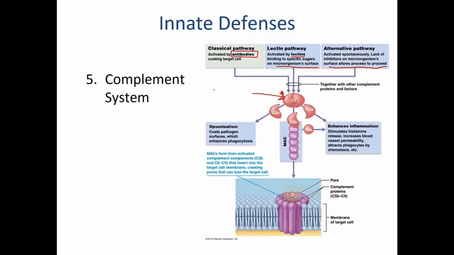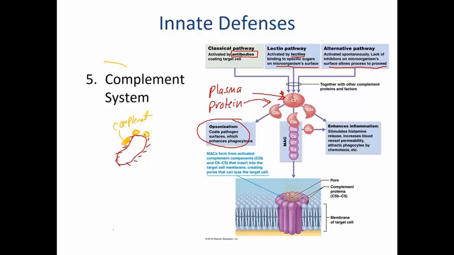Complement system is just basically a group of plasma proteins that come together to form a complement, and they can have different effects. One thing that they do is called opsonization, and this is when, if you have a bacteria, the complement proteins can come over and they form a coat around the pathogen or the bacteria, making it easier for a macrophage to come along and engulf it.